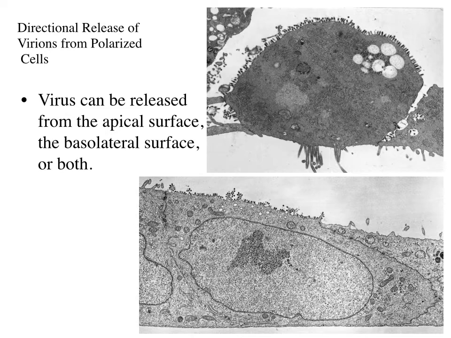You look at the bottom of the cell there, the basolateral surface, you don't see any virus being released. Now, if you look at the figure above, that cell has been infected with two different viruses, and one type of virus is being released from the apical surface, but the second virus, which you can see has those rod-like virions, is being released from the basolateral surface.